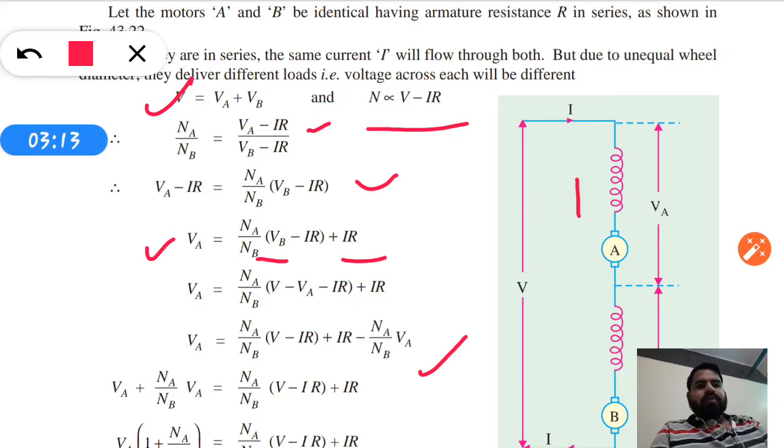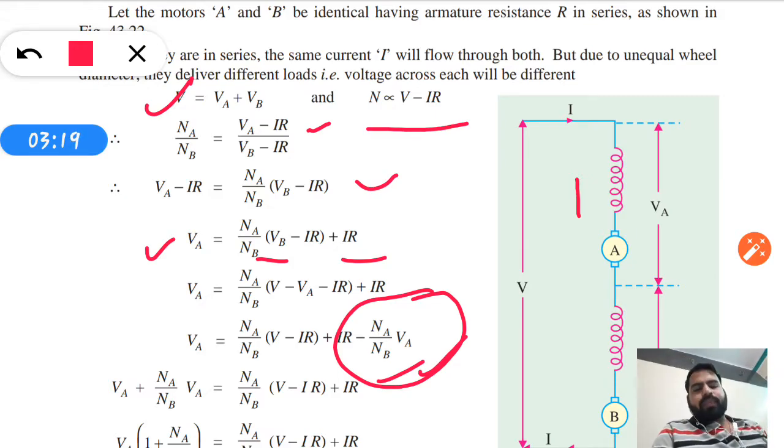Now this NA upon NB VA is transferred to the other side, so it will become VA plus NA upon NB VA equals NA upon NB times V minus IR plus IR.